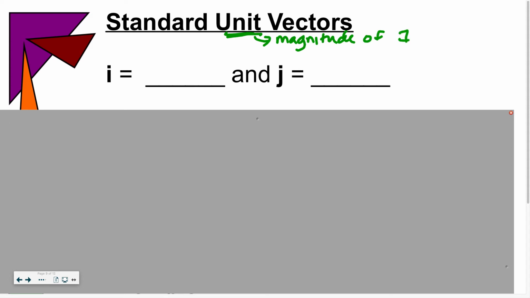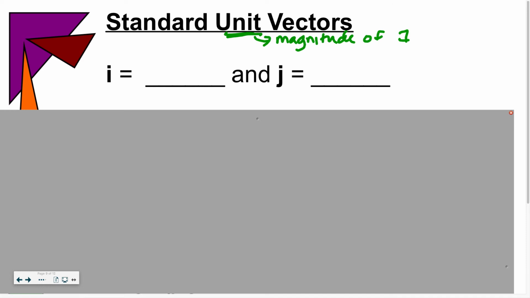So we already know about unit vectors. Unit vectors have magnitudes of 1. What are standard unit vectors? Well, the standard unit vectors describe the two directions that we can move for a vector. In component form, those are horizontal and vertical.